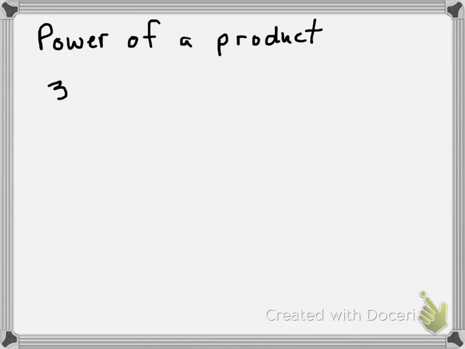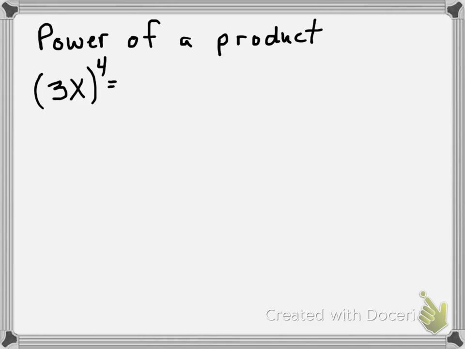Product means multiply. Okay, so we're looking at when we multiply two or more things and then we raise that to a power. So here we have 3x to the 4th power, and this is 3 times x raised to the 4th power. So the 3 and the x are inside the base, inside the parentheses.